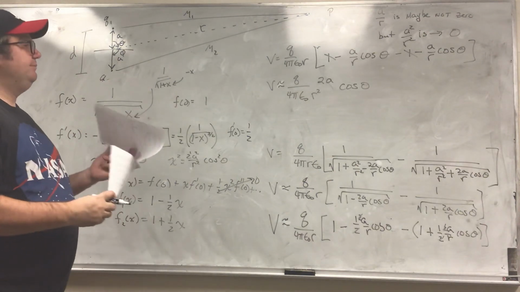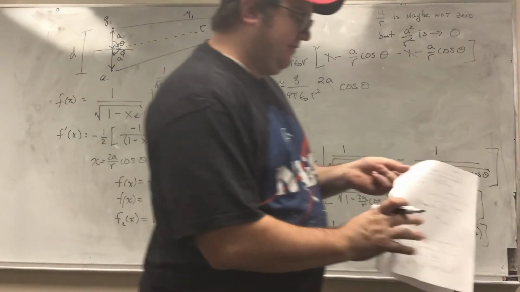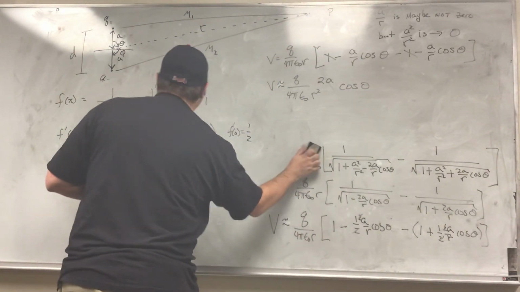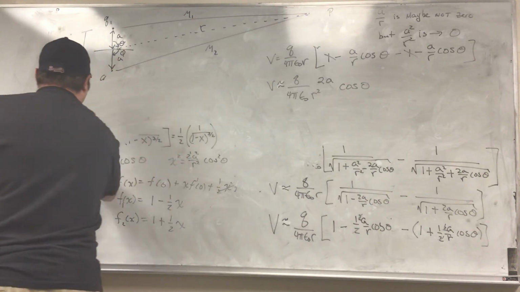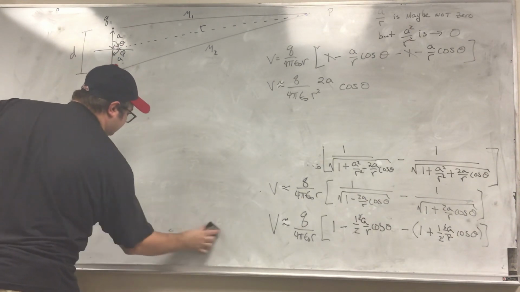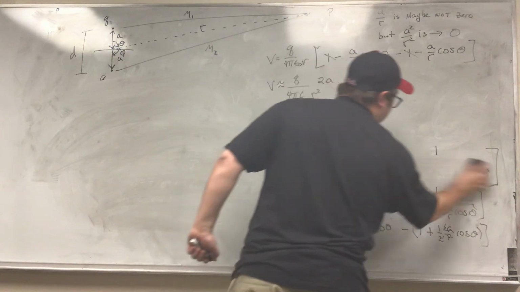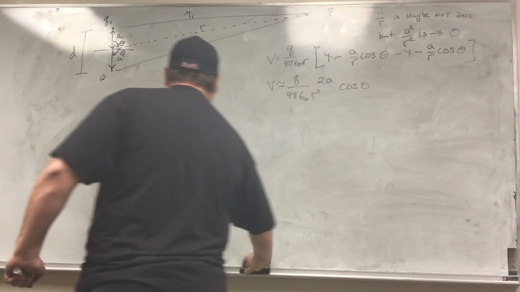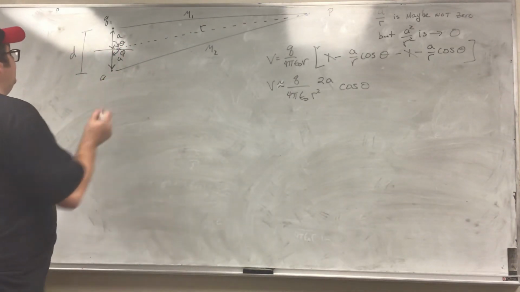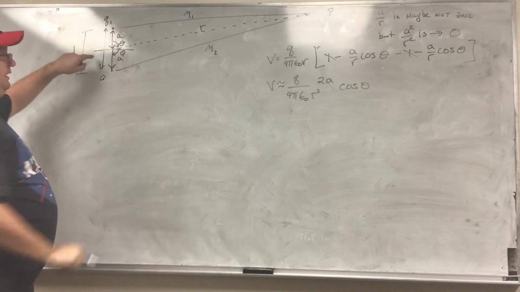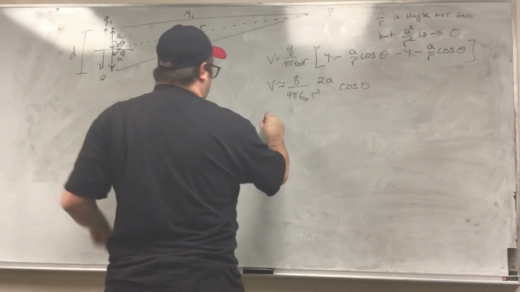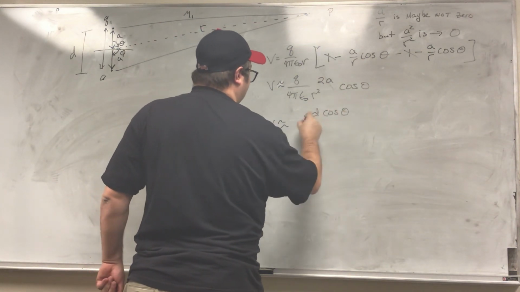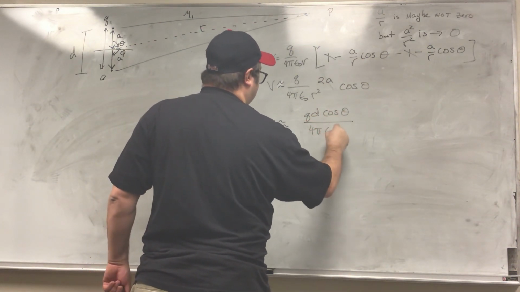Okay? Now, let's clean this up a little bit more. Okay, so 2a is d. So I have V is approximately qd cosine theta over 4 pi epsilon naught r squared.